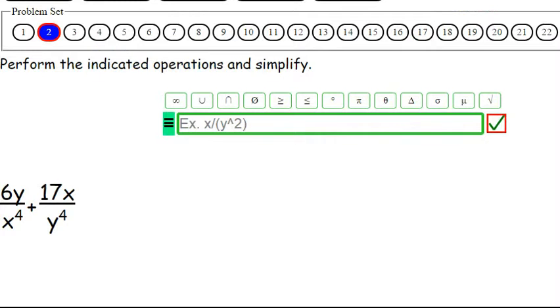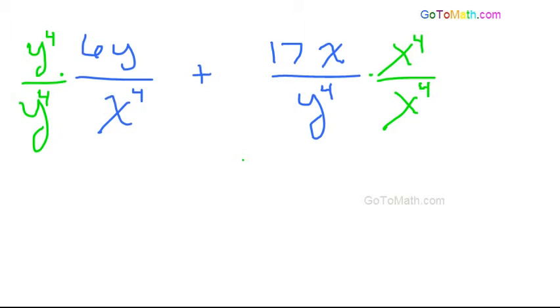Now we have one fraction, y to the fourth times x to the fourth, and then we just add the numerators.